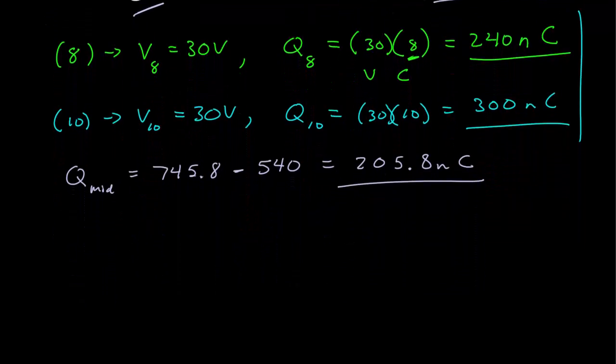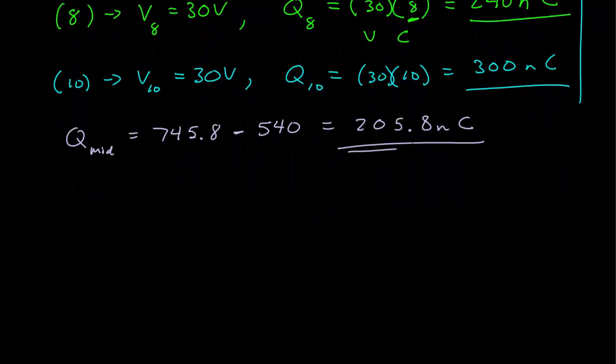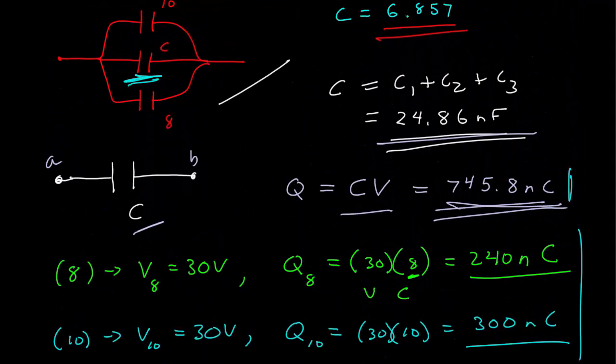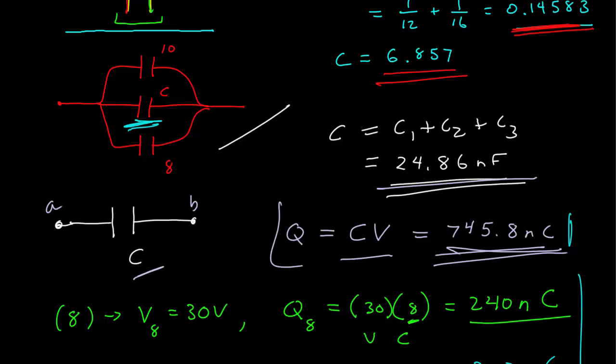So this is the amount stored on each capacitor in the middle, and then we can calculate the voltage drop across each of those. The voltage drop across the 12 nanofarad capacitor is just 205.8 divided by 12, using the same relationship again.